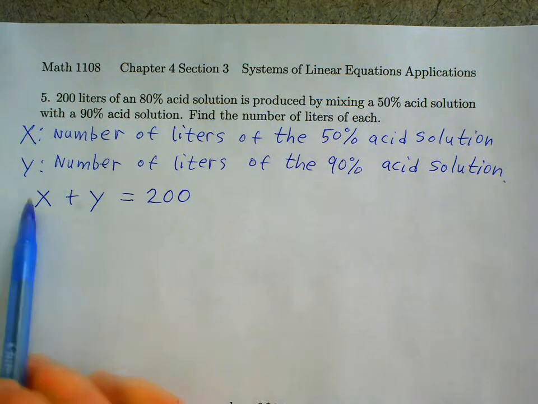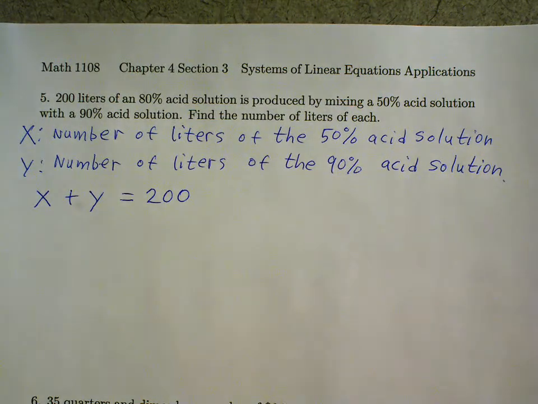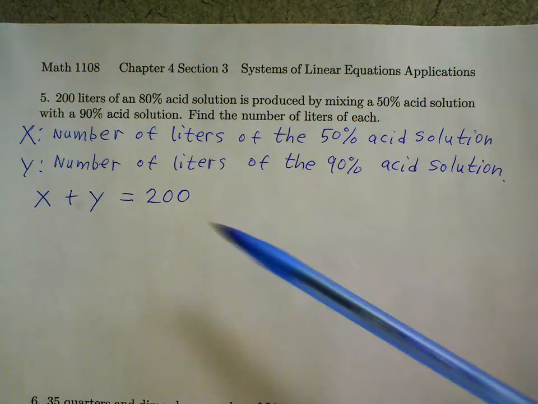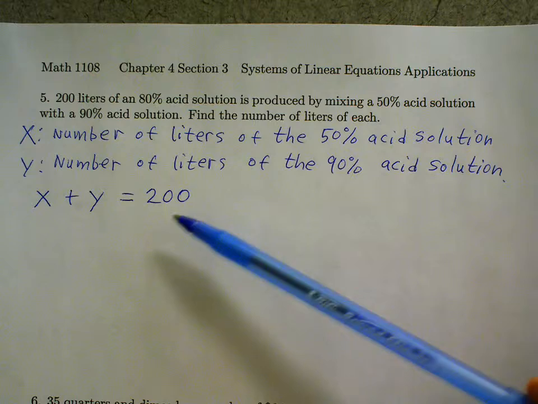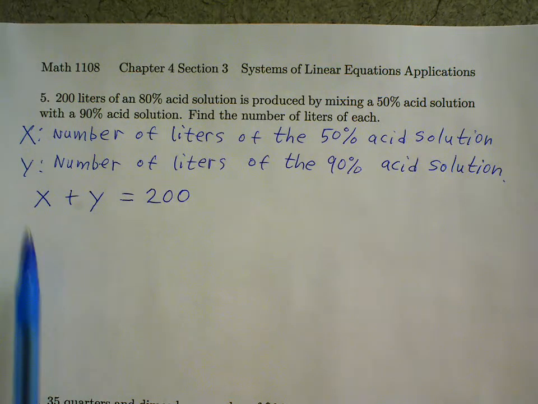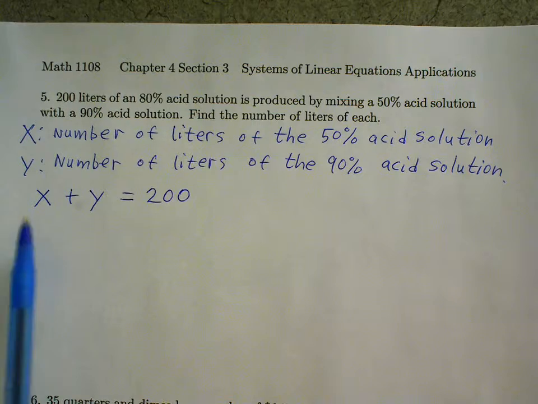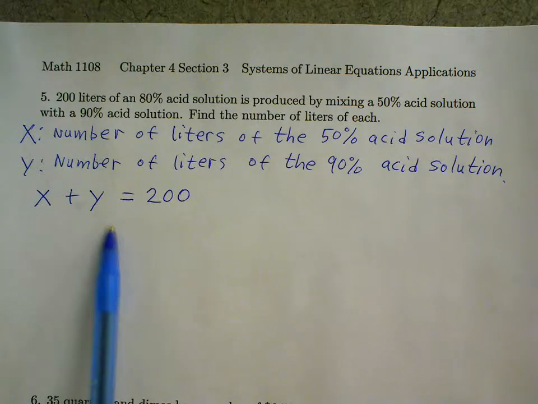Okay, so in this equation, we're not taking into account how much acid or the percentage of acid in each. Just think of this as taking X liters from one container, take Y liters from a second container, combine them in a third container, and we get a total of 200 liters.